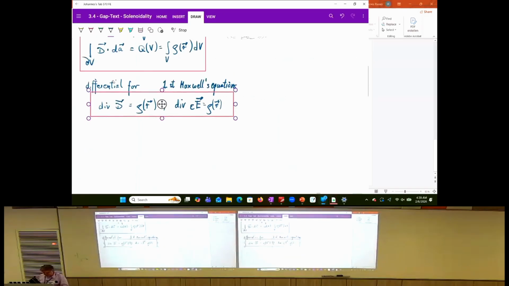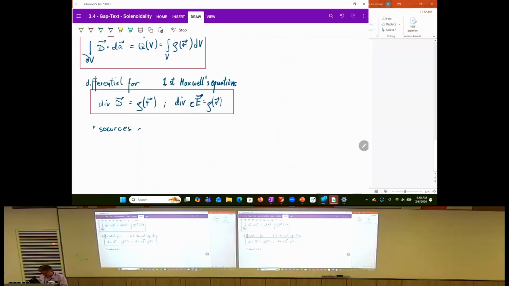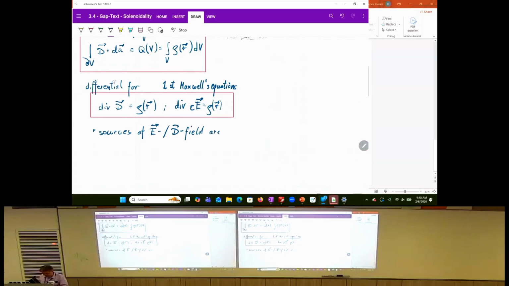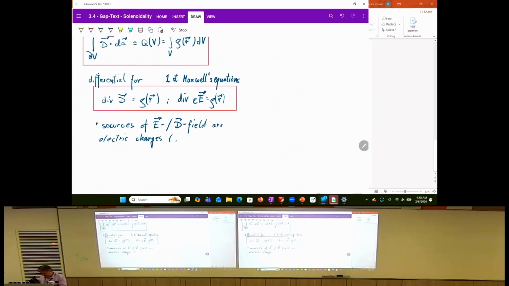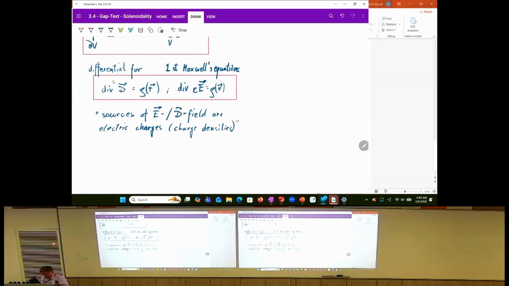And so we can say sources of the E, or respectively of the D field, are electric charges or also charge densities. And for the electrostatic field, at these sources, the field lines end or start there. So end or start at sources.